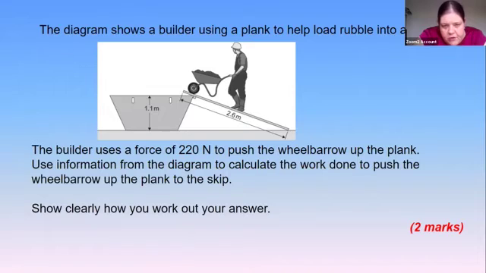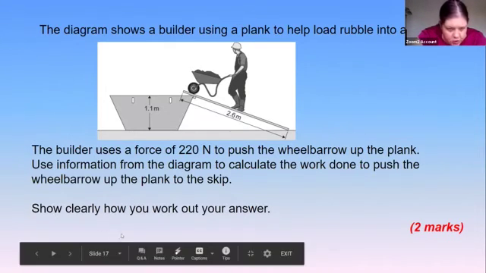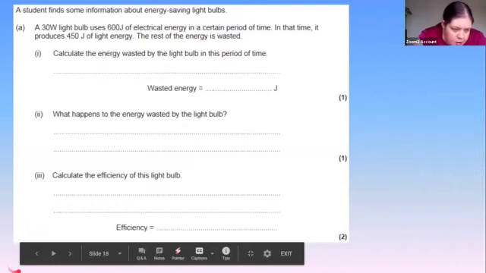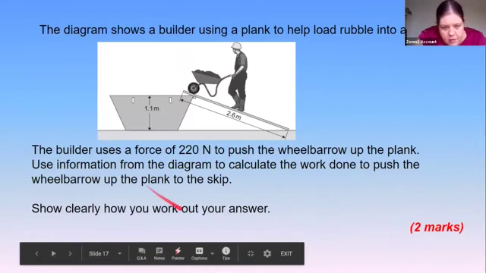The first thing you've got to realise is you're being asked to calculate work done. Okay, and if you can remember, I'm hoping you can, work done equals force times distance. Now in the question, if you're in my class, I would be getting you to highlight. I'm going to try, but it doesn't work.